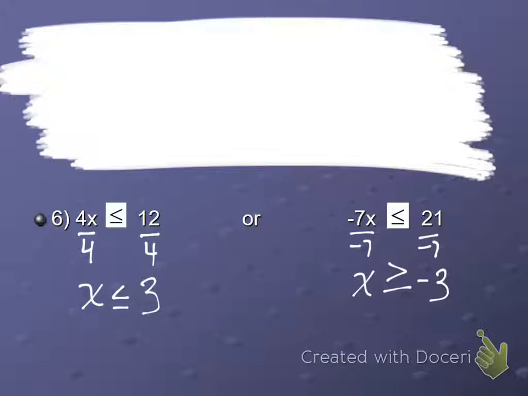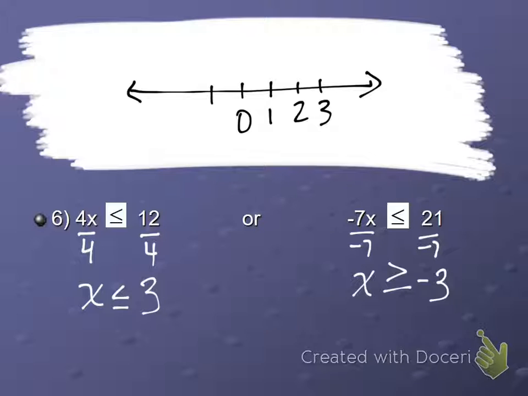Now it's time for me to graph both of those on the same number line. I'll choose to count by ones. 1, 2, 3, -1, -2, -3. Okay, so again, it's an OR, so I don't have to worry about the overlap stuff like I did on the ANDs.